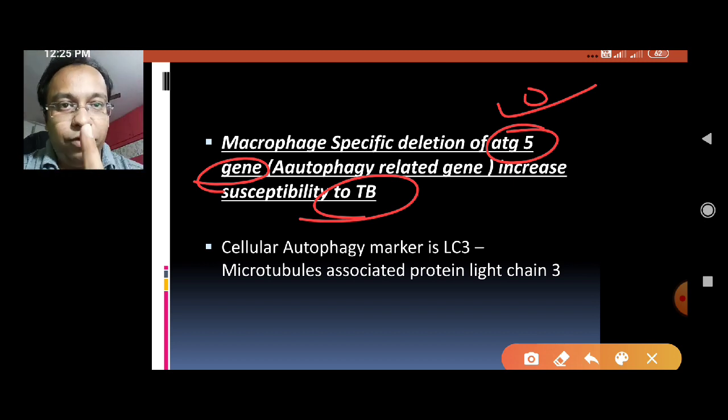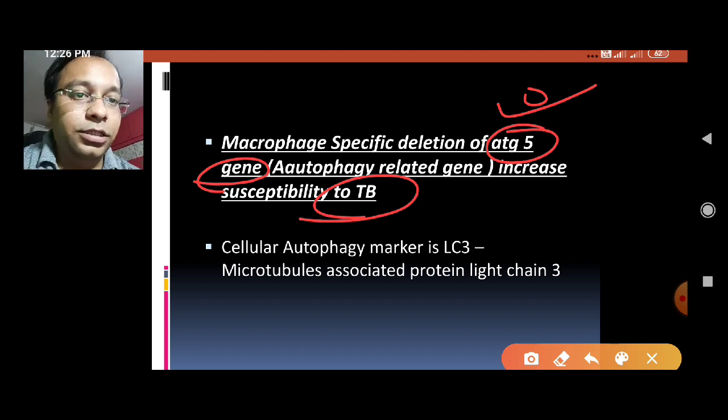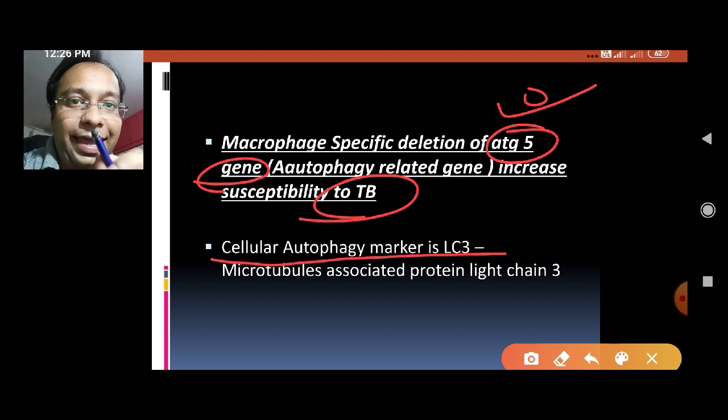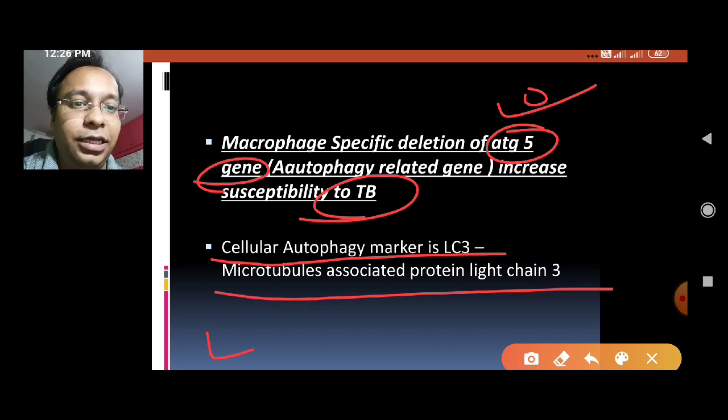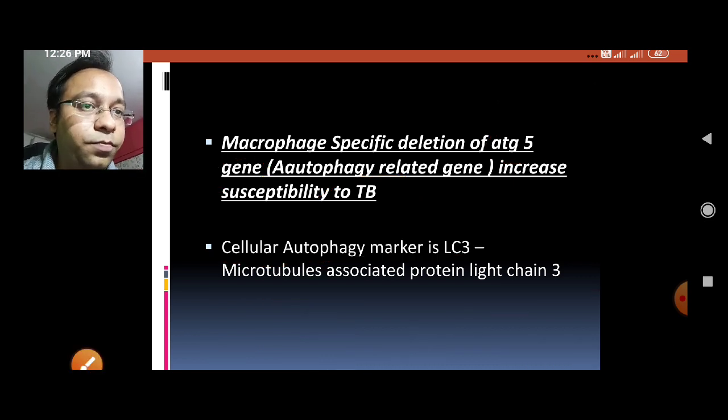So defective autophagy can lead to tuberculosis. The cellular autophagy marker is LC3. The microtubule associated protein light chain 3, LC3, is the cellular autophagy marker. It can be asked as an MCQ.